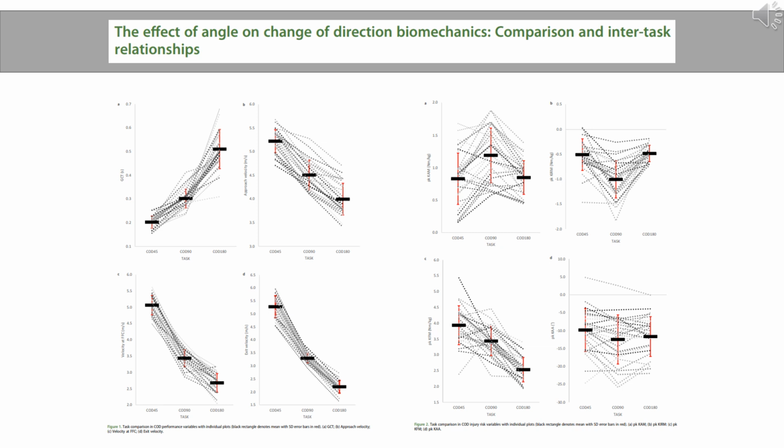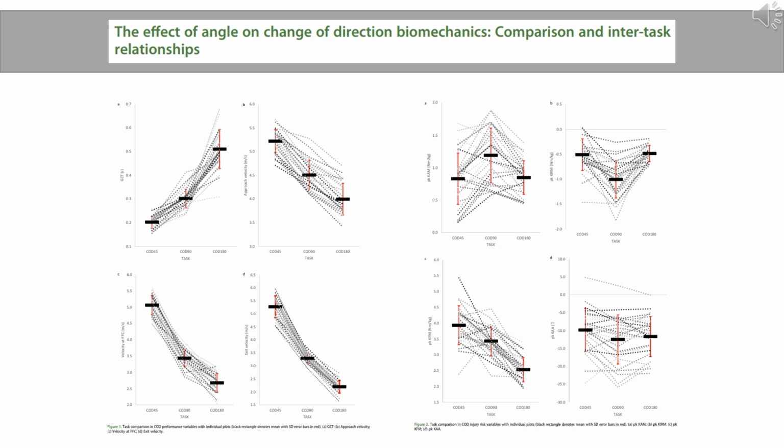Now the results are a little bit more complex, but certainly for peak knee abduction moment and peak knee internal rotation moment, we actually get the highest peak knee abduction moment during 90 degrees, not 180 degrees, and the lowest peak knee internal rotation moment, with this metric being a mirror image of abduction moment.